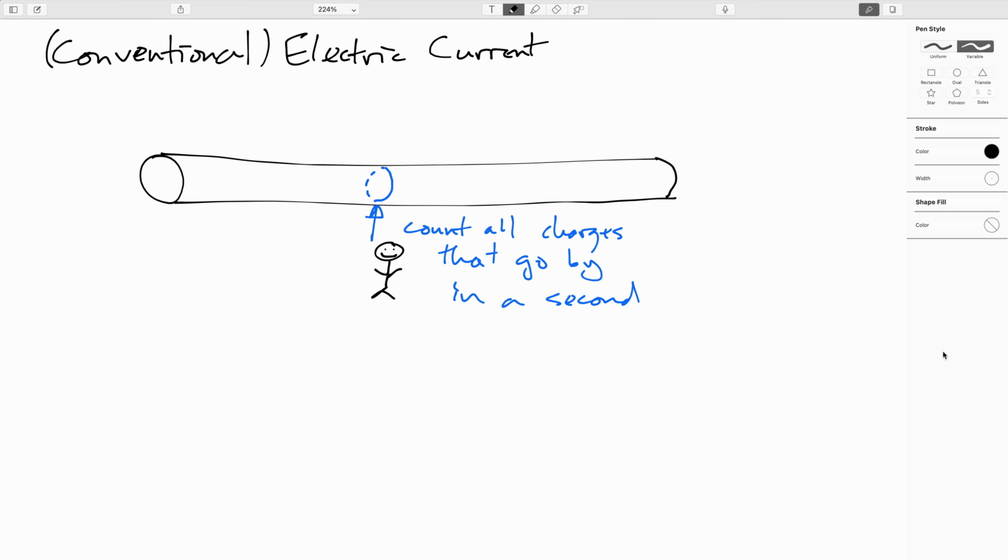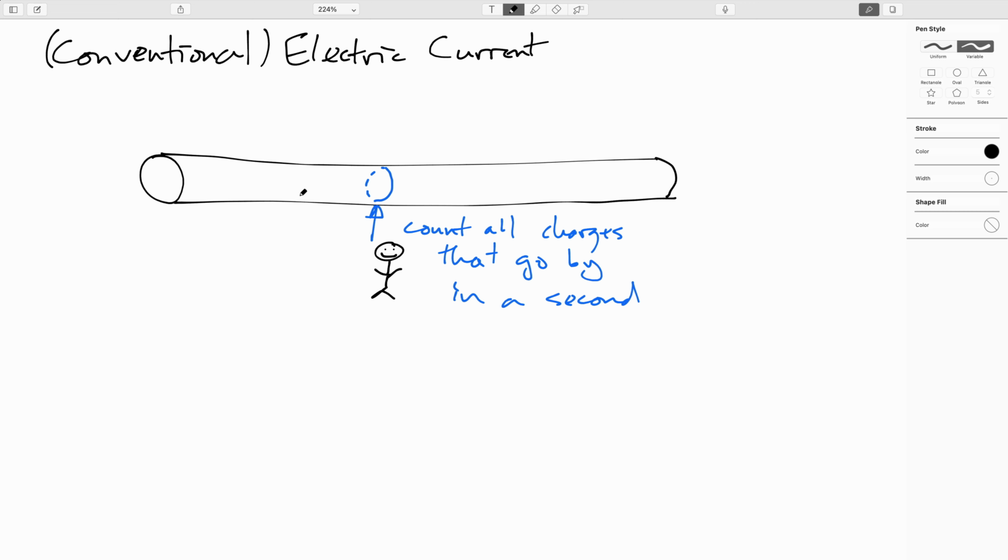They would both do the same thing of attempting to make this side more positive and that side more negative. In fact, we'll even see in a future video when we look at batteries a little more carefully that it's even possible to have both kinds of charges, both positive and negative, moving in opposite directions at the same time.